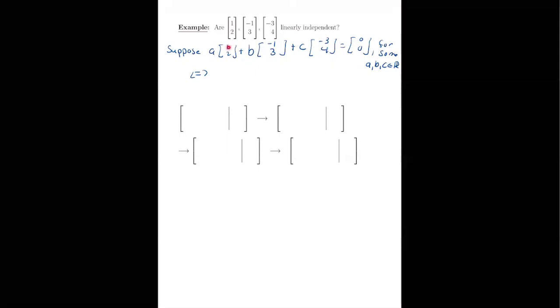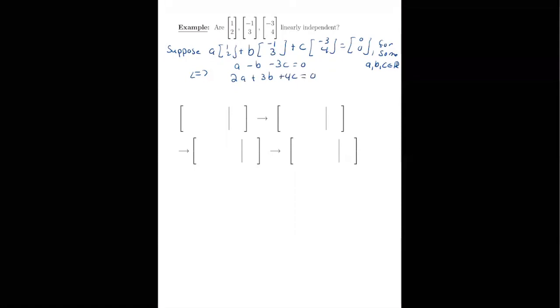So we're going to get A minus B minus 3C is equal to 0. That's our first equation. And then 2A plus 3B plus 4C is equal to 0.